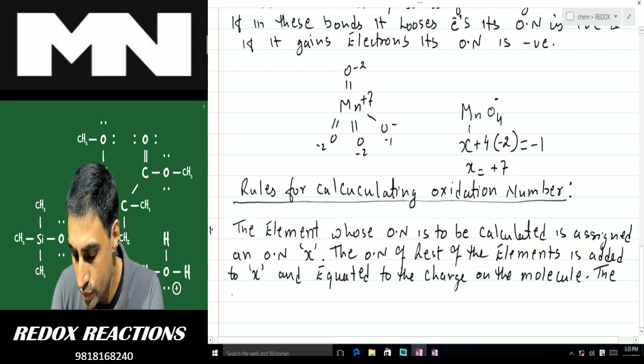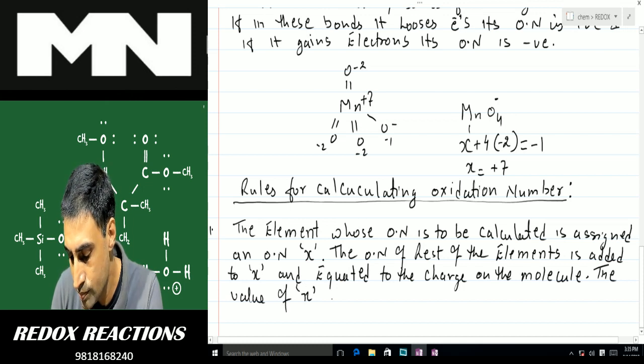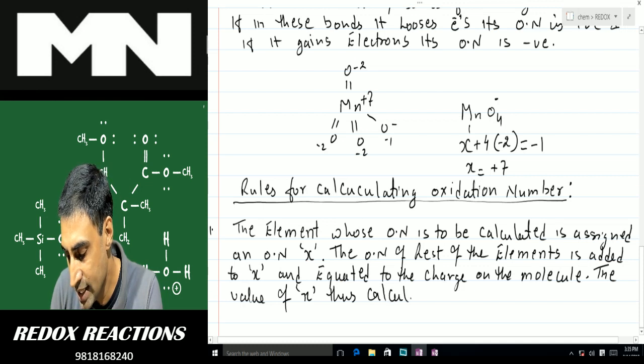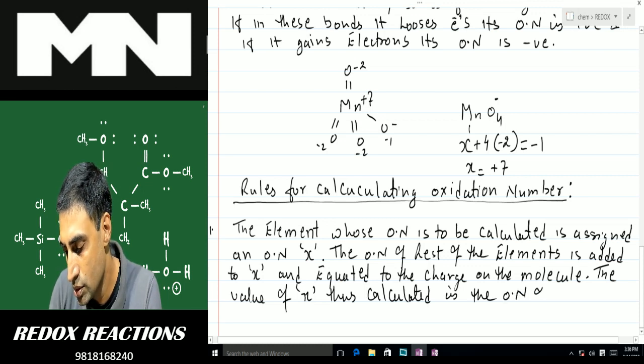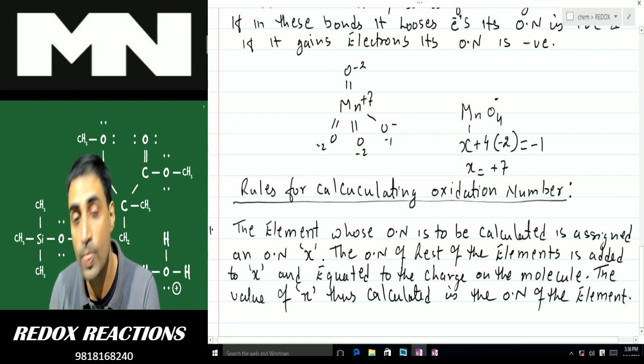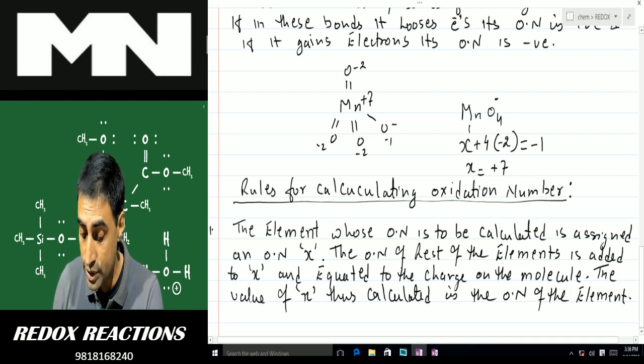The value of X thus calculated is the oxidation number of the element. So this is how you have to calculate oxidation number.